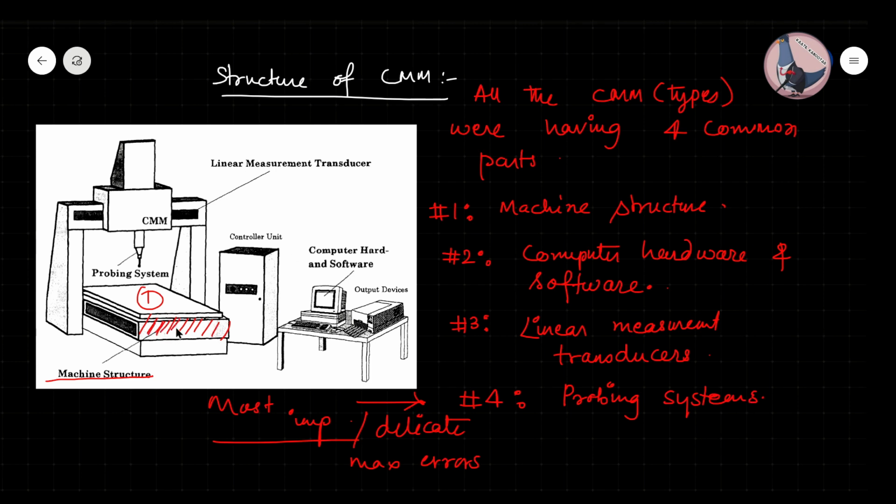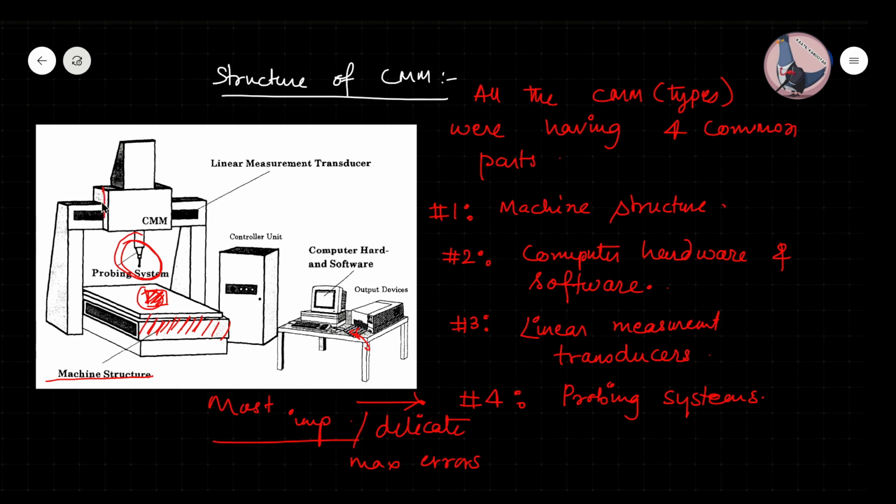So just see the schematic of it. This is the machine structure, on which you will be placing jobs. Then this is the computer hardware part, where you will be giving the input to move the machine, and whatever coordinates are measured by the probing system attached to the head of it, that data will also be sent to it, and the software in it will be responsible for all the adjustment or the form fitting part.